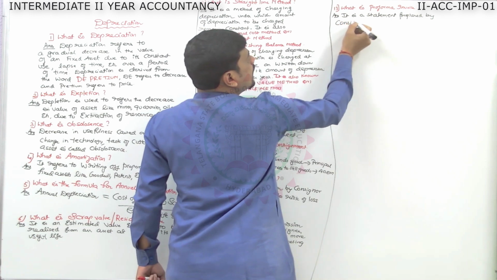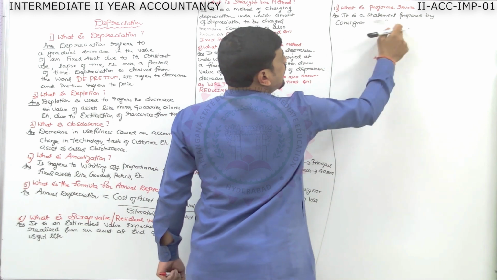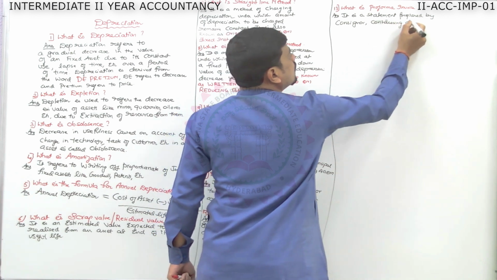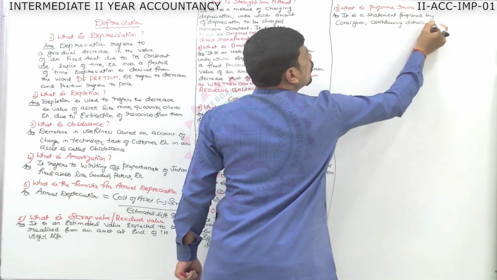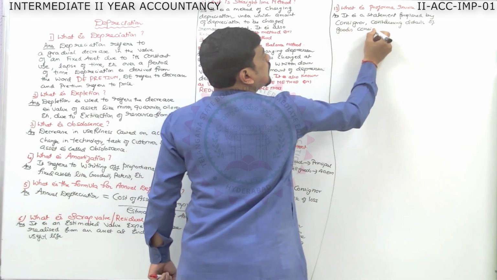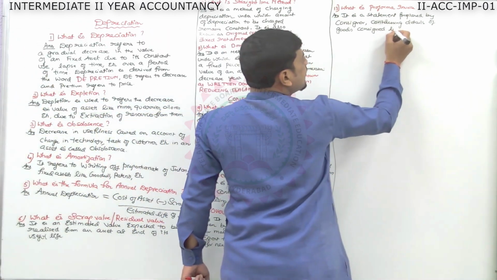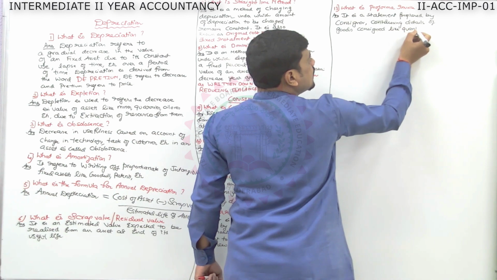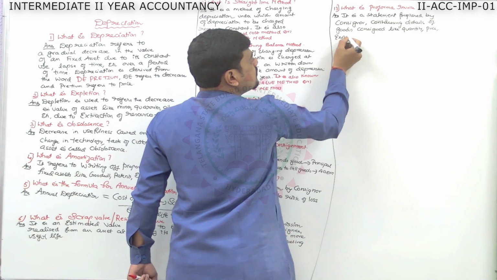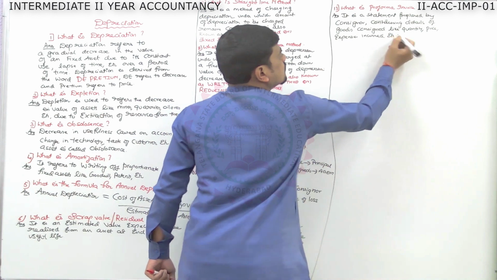It is prepared by consignor, containing details of goods consigned. Containing the details of what? Goods consigned. What are the details? Like quantity, price, expense incurred, etc. That's it. This is the proforma invoice.